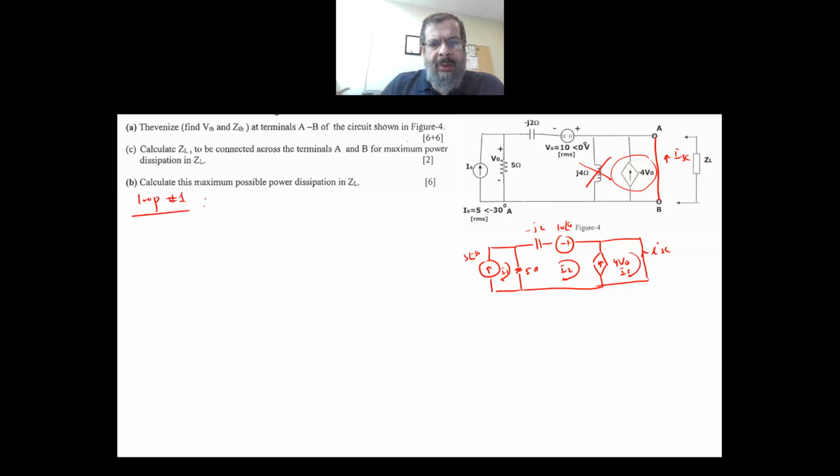So from loop 1, again, your I1 is equal to 5 angle of minus 30. For loop number 2, we will bypass this current source because in mesh analysis, we do not use a loop that has any current source. So I will go over this.